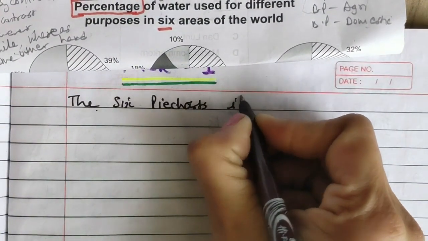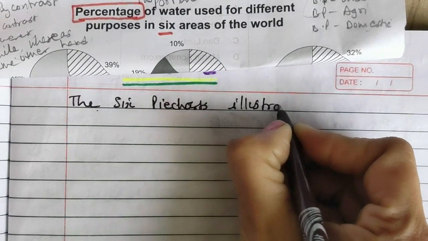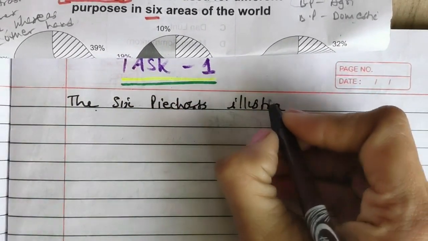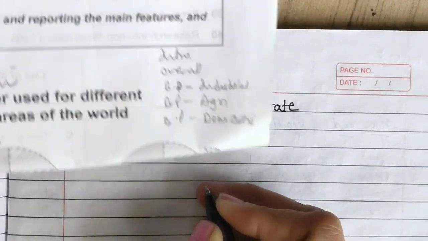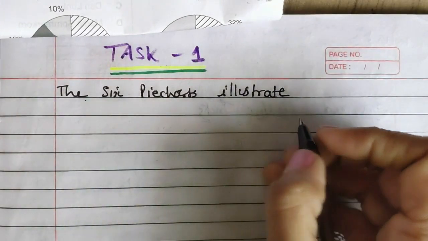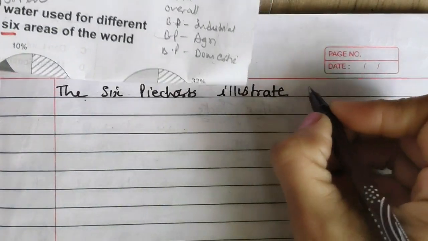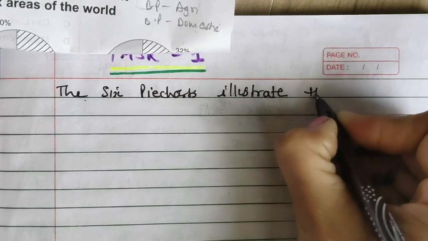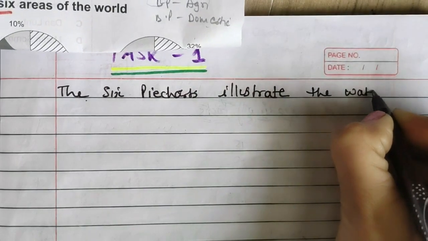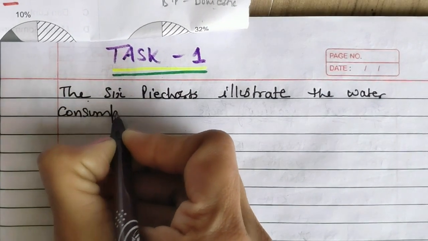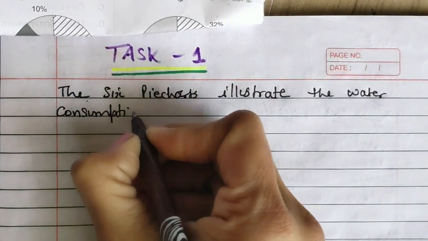Show means illustrate. Okay, so why am I using illustrate? Because this is plural here. So illustrate the percentage of water consumption.